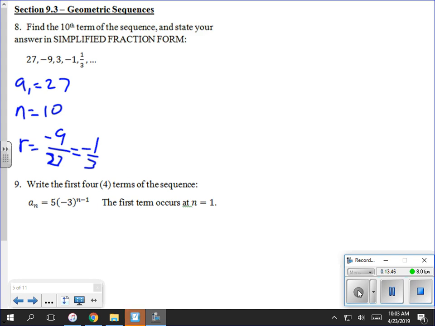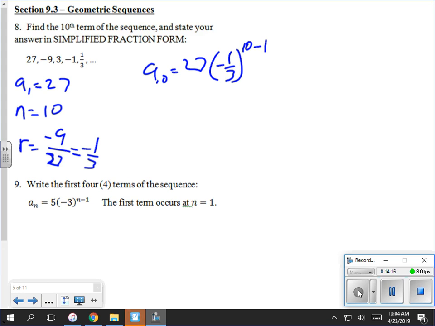To go from 1 to 1/3 by multiplying, I multiply by 1/3. 1 times whatever will give me the next term. That's an easy way to find R. Okay? Then you plug it into here. So A sub 10 is 27 times negative 1/3 to the 10 minus 1 power.